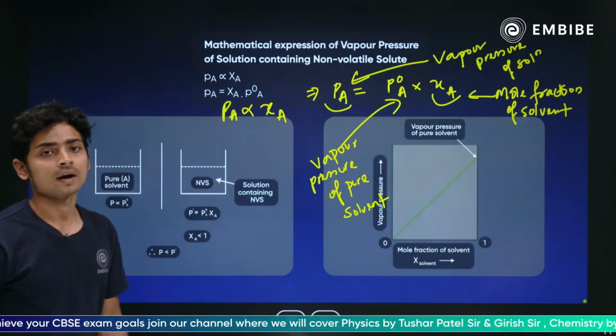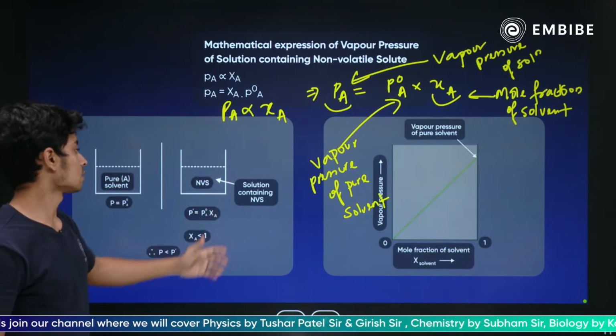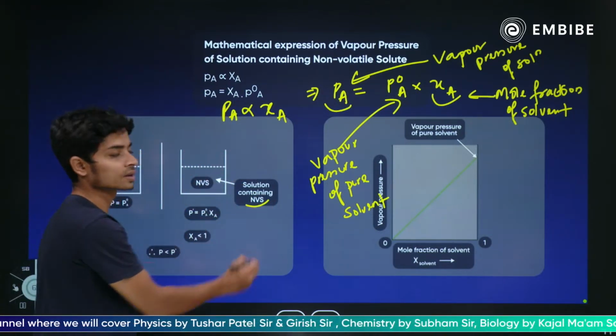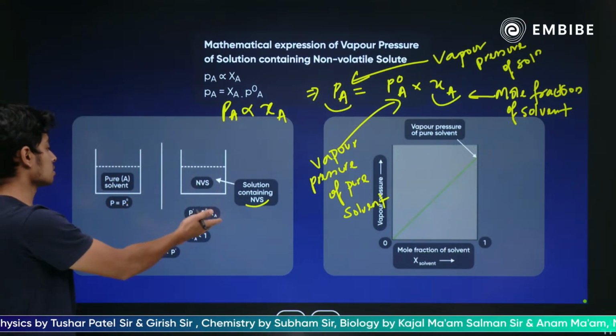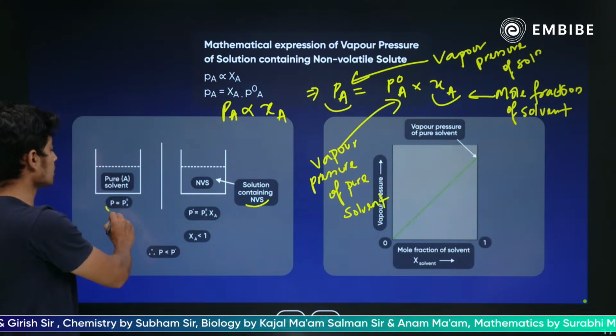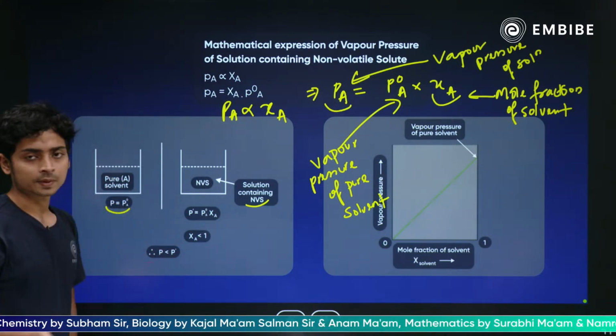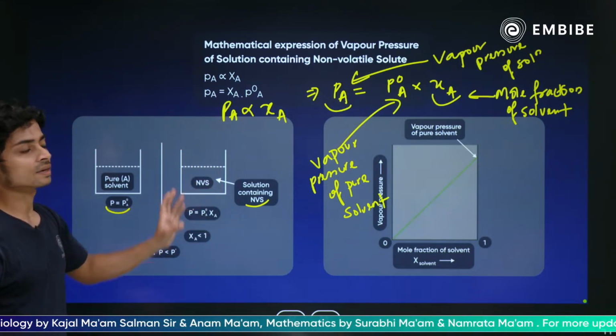So if you have a non-volatile solute, this NVS, which is soluble in a solvent, then for pure solvent P equals P naught A, the vapor pressure of pure solvent. Once you add that solute, the mole fraction of solvent reduces.